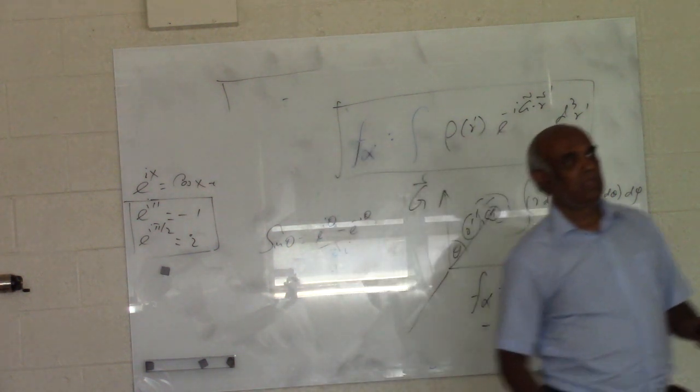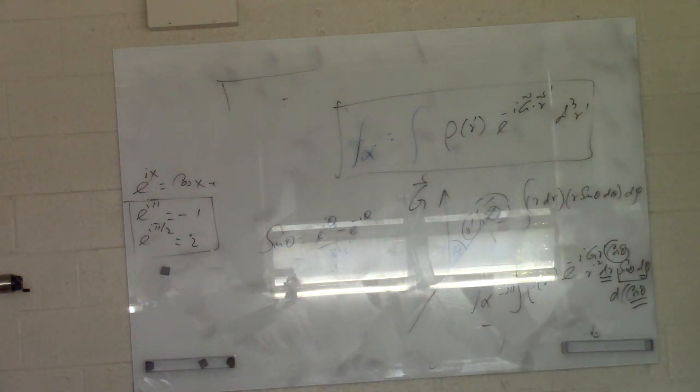So that's what we have here. When you integrate over cosine theta, you get this divided by this part, with that i here. That's why you get this sine function coming here. That's it.